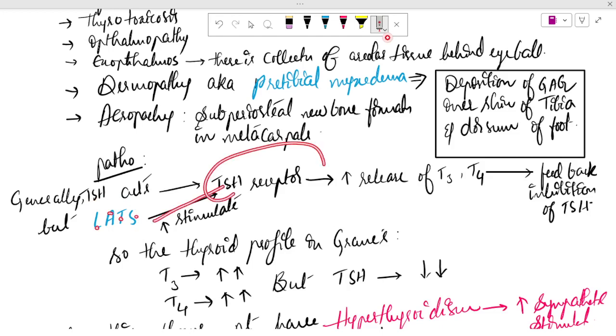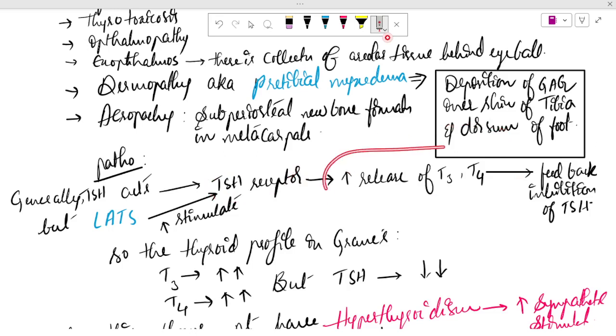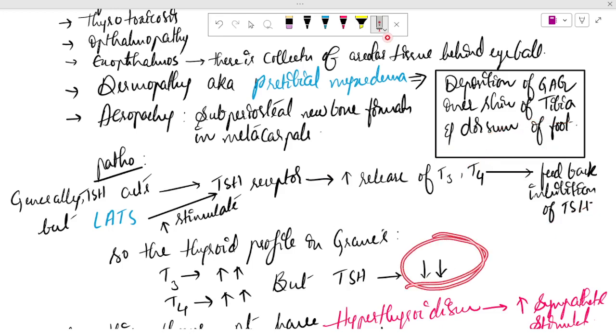This simply stimulates the TSH receptor, which leads to excessive production of T3, T4. This increased release of T3, T4 further induces feedback inhibition of TSH, thereby causing decreased levels of TSH.